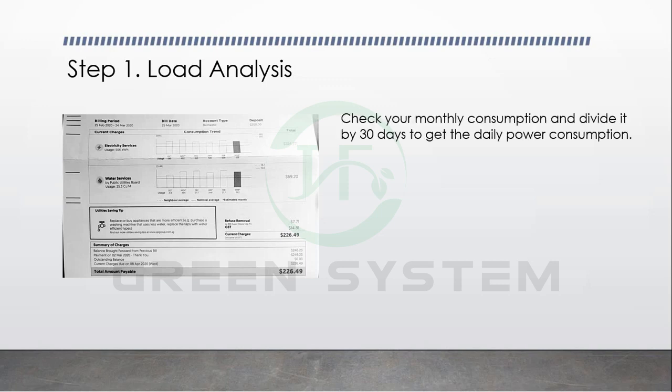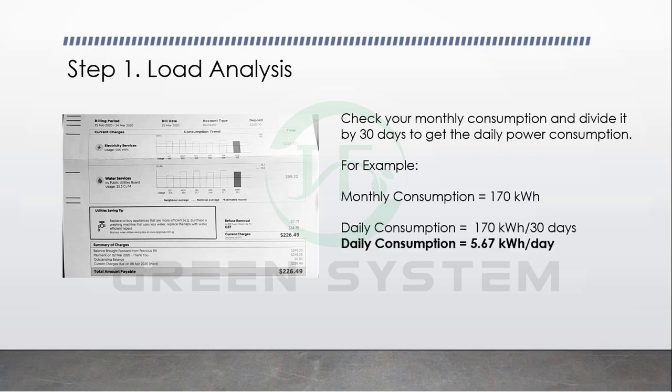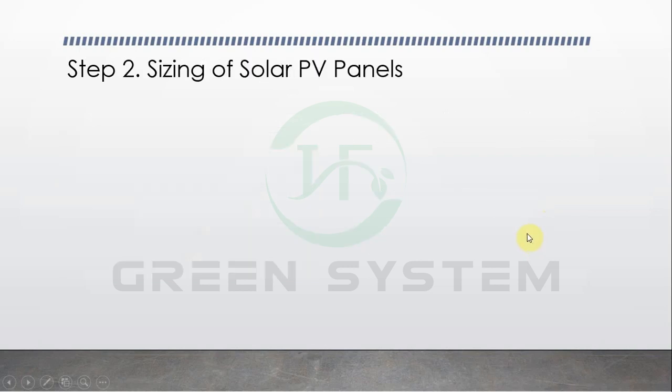So in this example, we are consuming around 170 kilowatt hours per month. You divide that by 30 days, and your daily power consumption is 5.67 kilowatt hours per day.